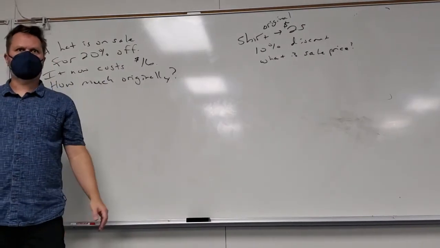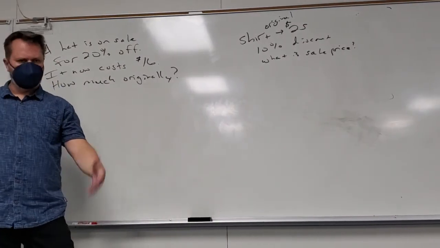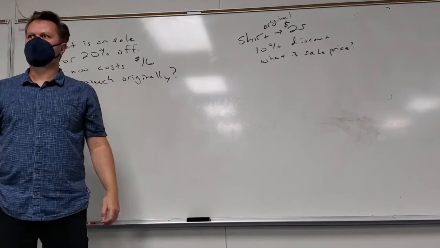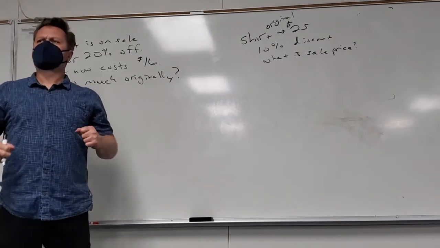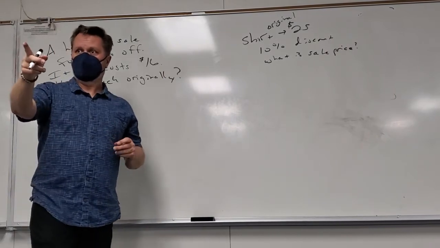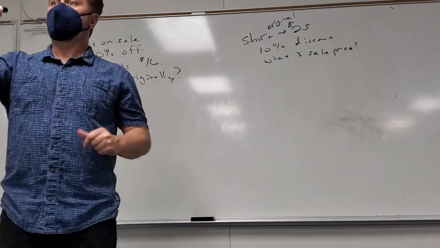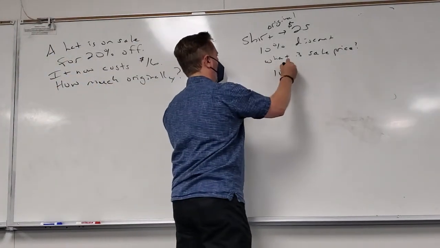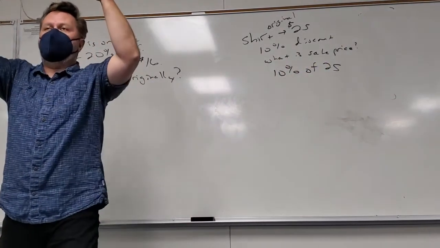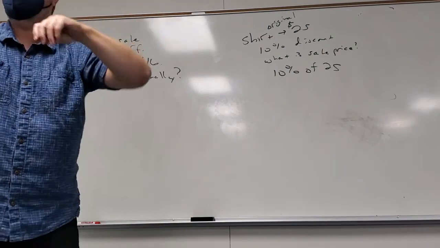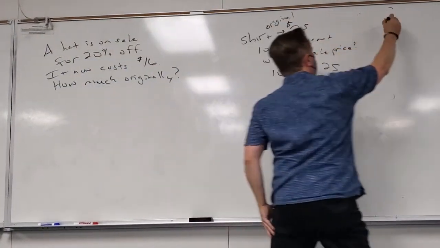You're in a store, 10% off, and you want to know how much it's going to cost. We'd figure out 25 times 10%. So you do 10% of 25, to figure out how much money they are going to take off. One big mistake I see, real quick, some students do this.